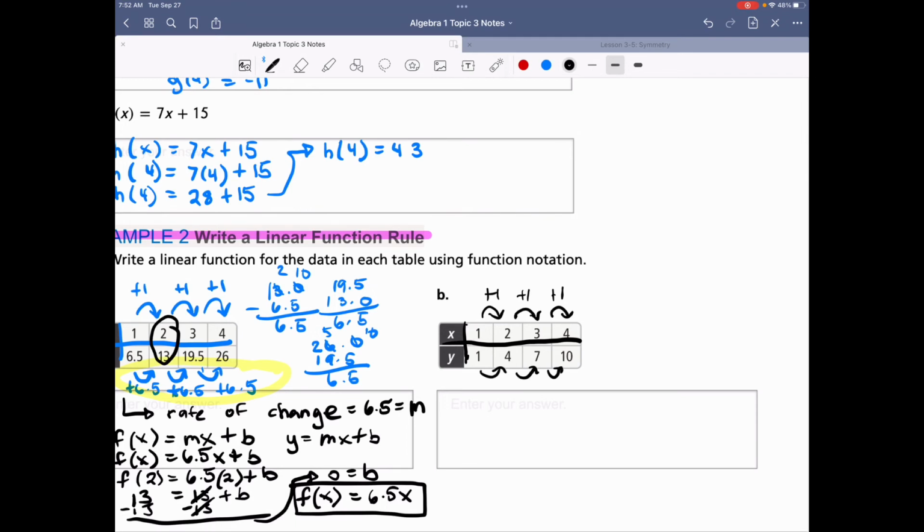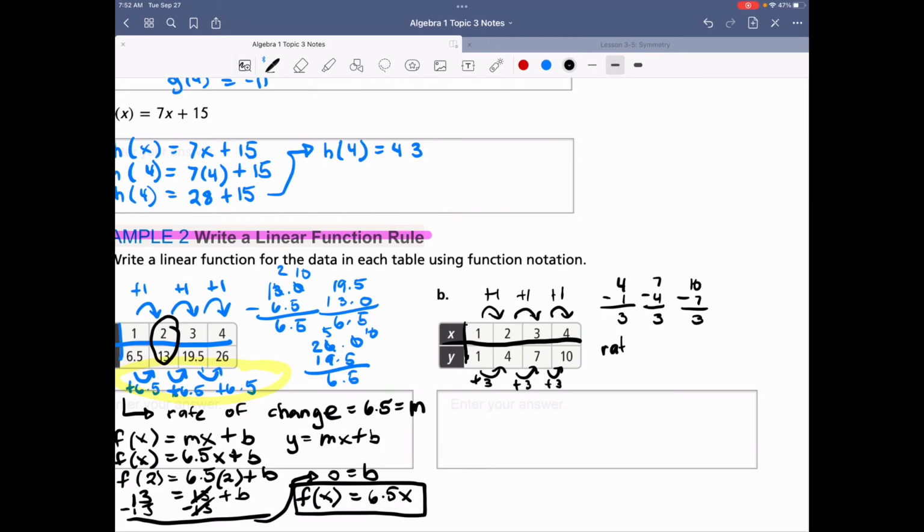We can just deduct. 4 minus 1 is 3. 7 minus 4 is also 3. And 10 minus 7 is 3. So that one's pretty easy to spot, we go up by 3s.